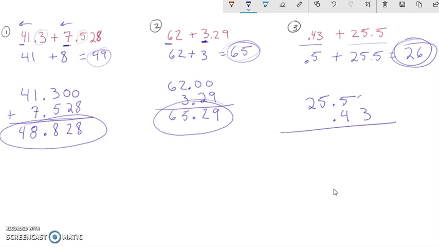Once again, I'm going to put a 0 here as a placeholder, mostly because it's a good habit to have once you get to subtracting decimals. Okay, I'm going to add this. 3 plus 0 is 3, 5 plus 4 is 9, decimal point, 5, and 2. 25 and 93 hundredths is definitely close to 26.